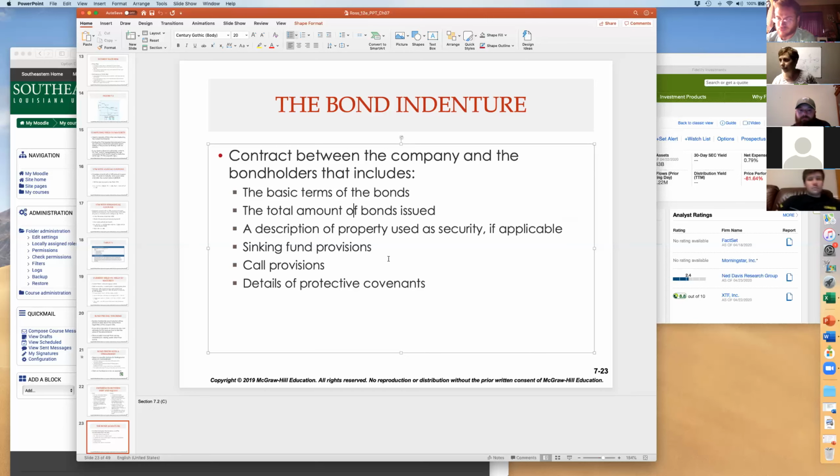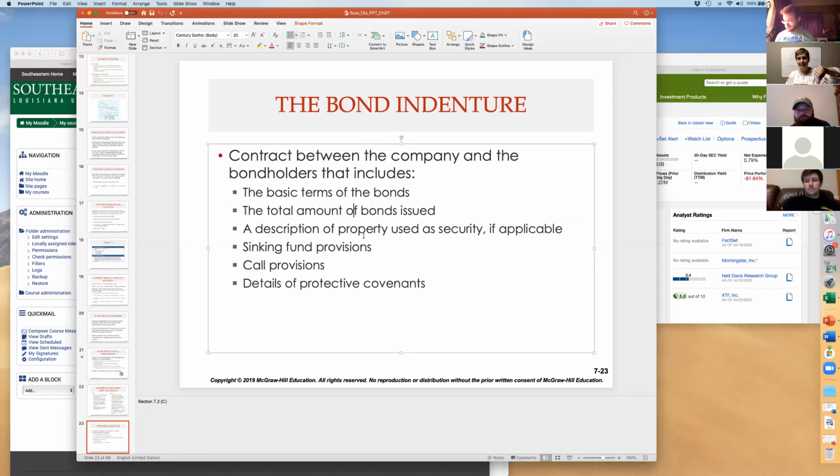So let's take, for instance, security, property security, collateral. The more collateral pledged, the less risky it is to the investor. Because if the issuer were to default, the bondholder can go out and actually find the collateral and repossess it.